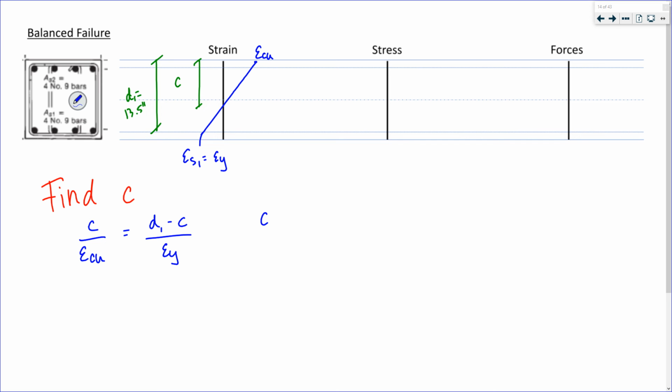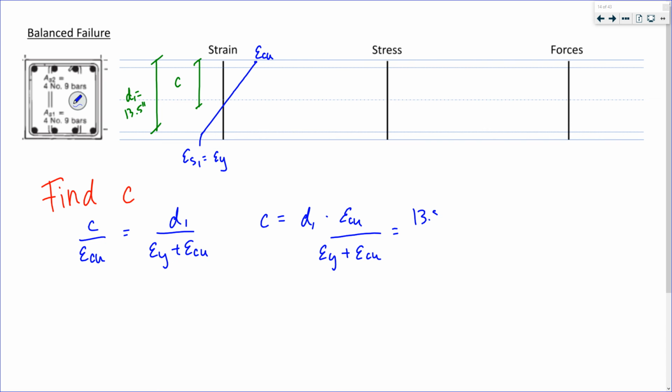If you simplify that, you get c is equal to d, actually what you could do, I'm going to do this, as d is to yield strain plus epsilon cu. So c is equal to d1 times epsilon cu over epsilon y plus epsilon cu.